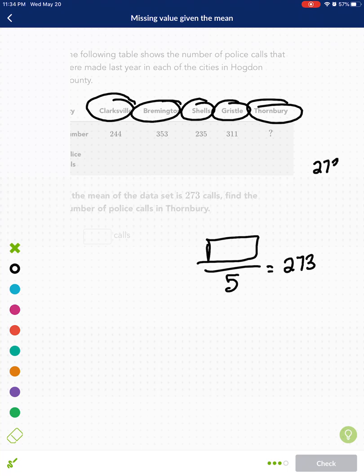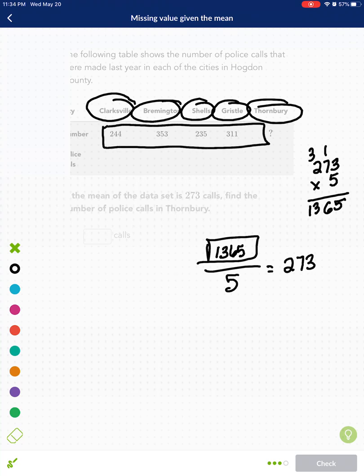So basically you're taking 273 and multiplying it by 5. All right, so we have 15, 35, 36, 1365. 1365. All right, now we need to figure out how many are here. Then what do we need to add to get this to be a total of 1365, if that makes sense.